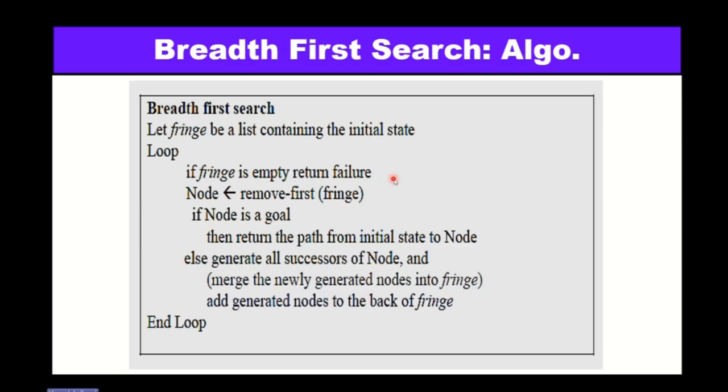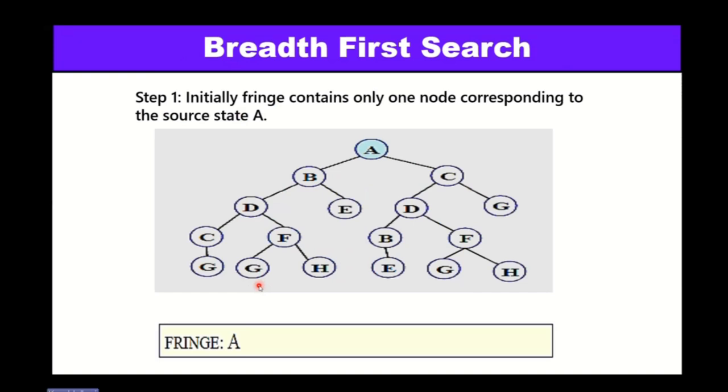Now, what is the difference over here? How you generate successors, and how you go back and take a new successor or new node. Now the same example we are solving with breadth first. Now remember, A is the first node.